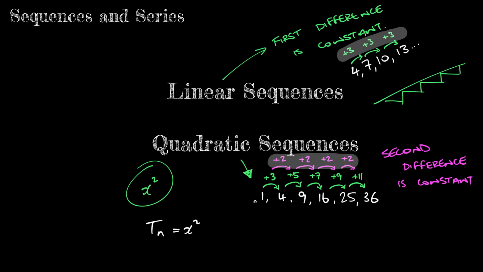Okay. So if I put 3 in, 3 squared will give us 9. 4 squared will give us 16. 5 squared will give us 25. 6 squared will give us 36. So you can see there how that's a quadratic sequence.